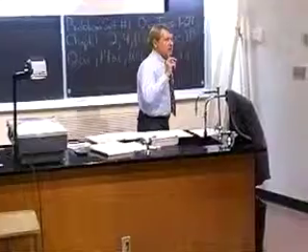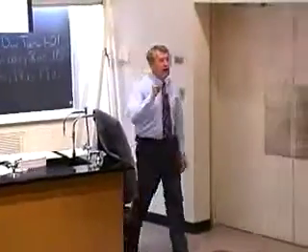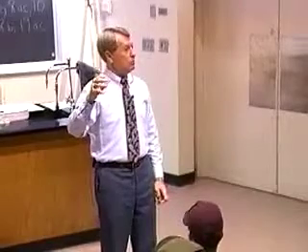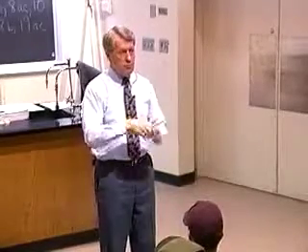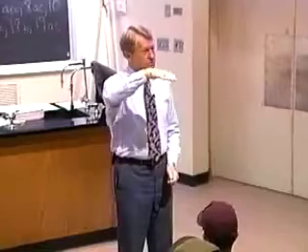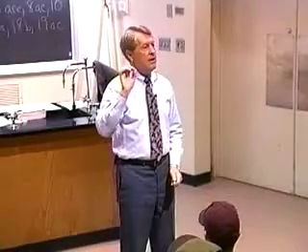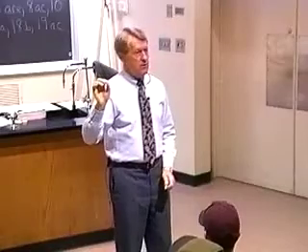If I read the volume on the burette, I might read it as 9.33. The next person reading it might read it as 9.36. That's the human part. Our eye levels might be slightly different in the way we're looking at the burette, and therefore the number would be different.